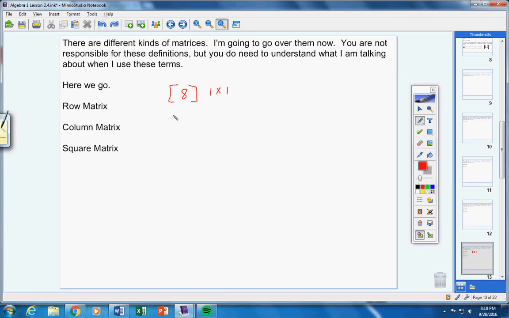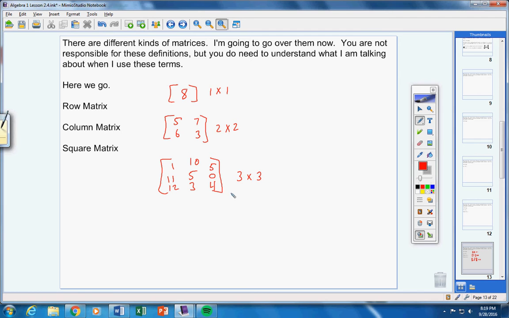This would be a square matrix because I have 2 rows and 2 columns. This is a 2 by 2. This would be a square matrix, because I have 3 rows and 3 columns. So this would be a 3 by 3.